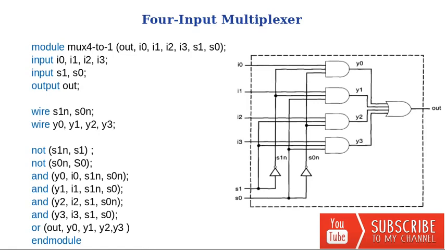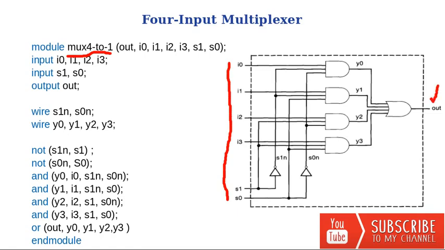Now the code for the 4 input multiplexer is written in the same way as the 2 input multiplexer, with the keyword module, and then we give the name of the module, which is mux4to1. Then we describe all the inputs and outputs of the circuit as we see on this line. These are the inputs and this is the output.